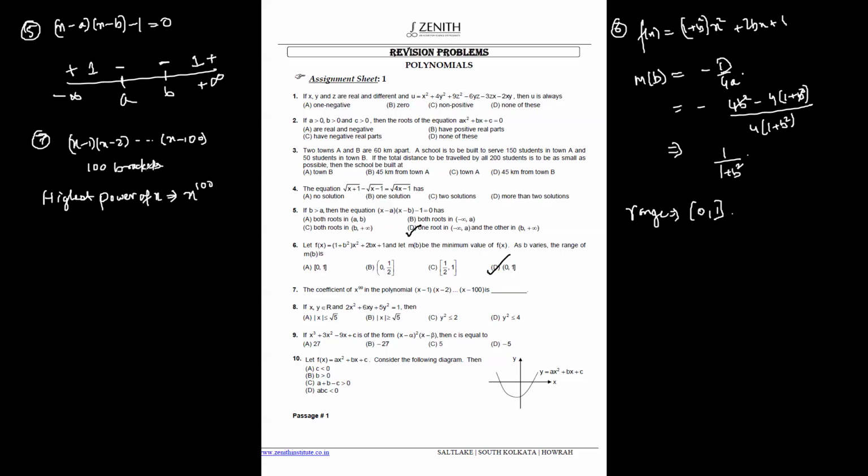Multiplying x from all of them, we'll get x power 100. But what we are looking for is x power 99. That means we have to leave out one bracket and take the one bracket of x and take the number instead.